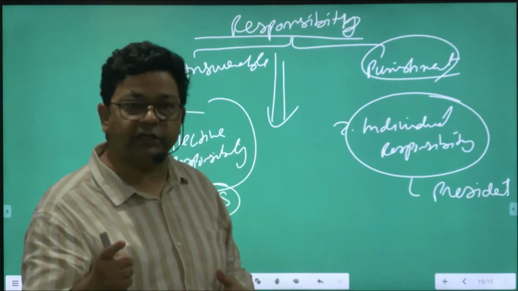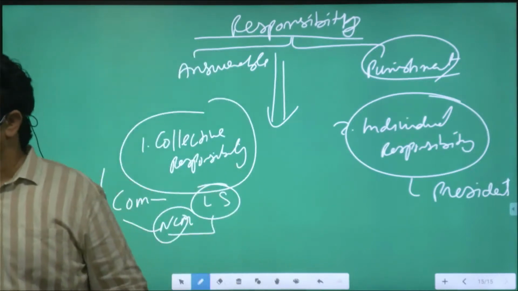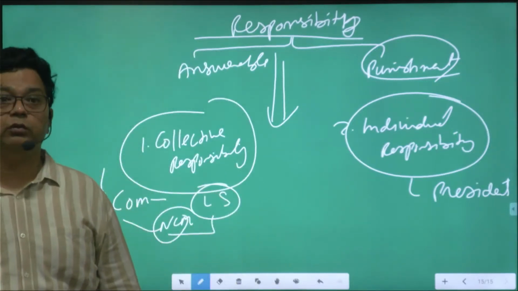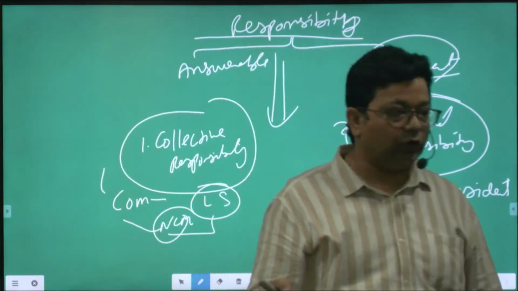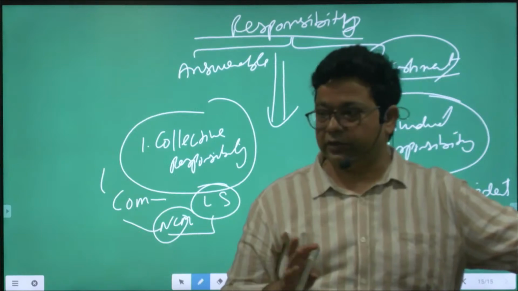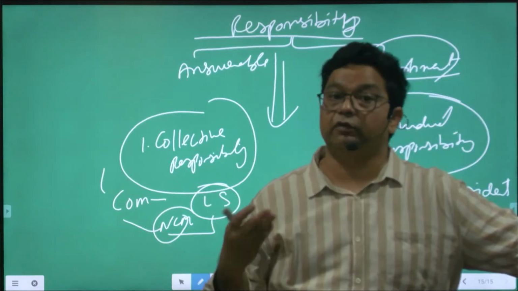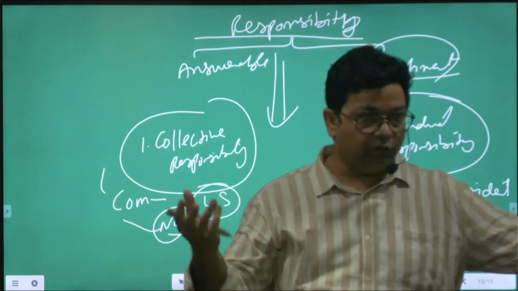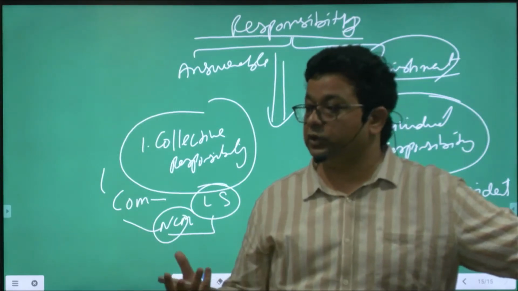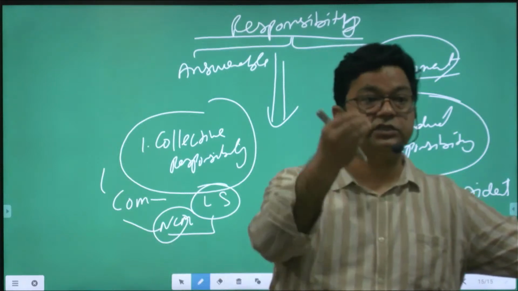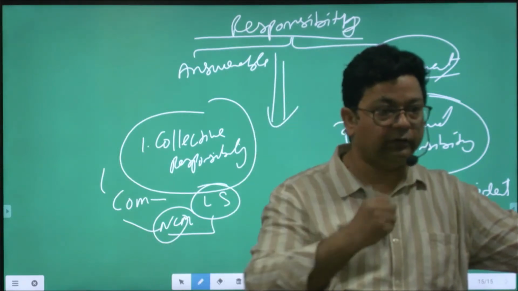So as a civil servant, it is required that you should be in a position to provide solutions to the problems, not to replace the solutions or the systems. So this requires an overall view. You will be in a position to give solutions only when you have a 360-degree view on any topic.